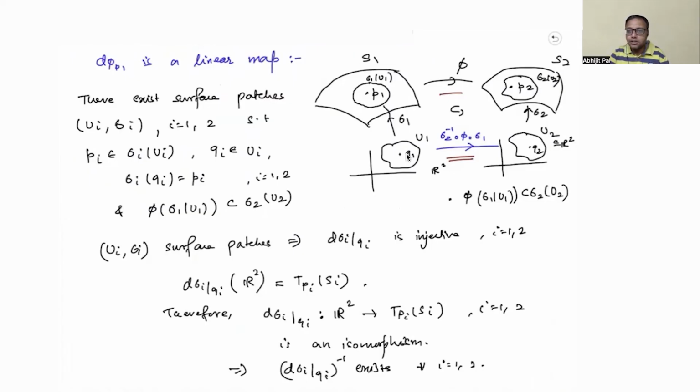And if I take the differential of this map, this will be an isomorphism, and now you apply the inverse function theorem. So this will tell you that this map, sigma 2 inverse composed with phi composed with sigma 1, will be a local diffeomorphism, and that will imply that phi is a local diffeomorphism.